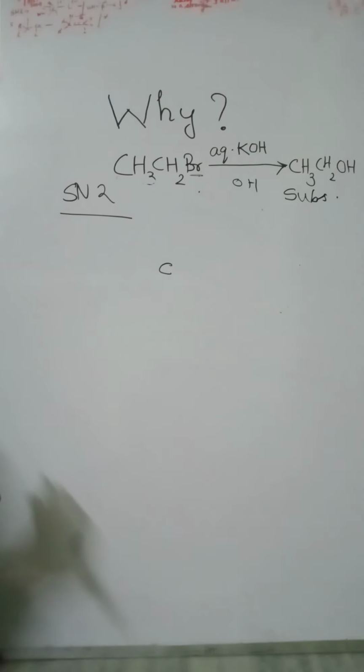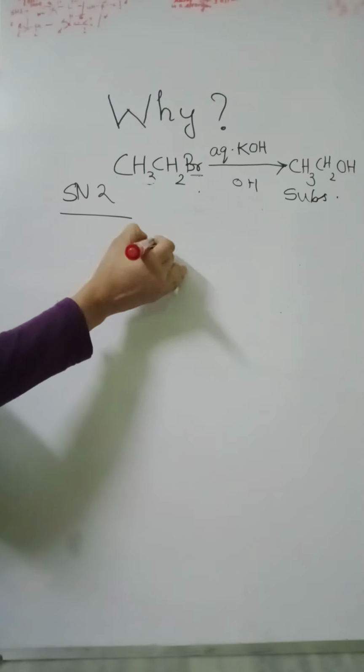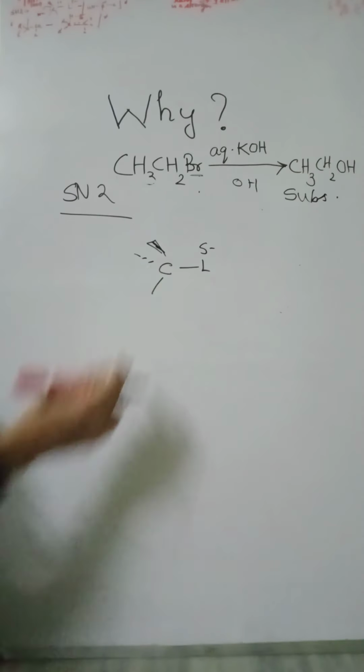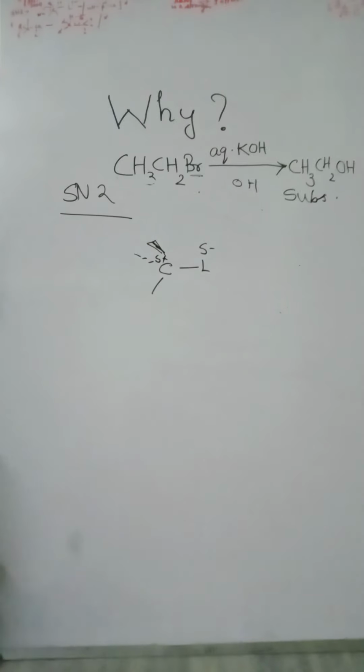What happens in an SN2 mechanism? A carbon atom is present. There are 4 bonds of this carbon atom. Let's suppose this L represents your leaving group. The leaving group carries a delta negative charge. Carbon carries a delta positive charge.